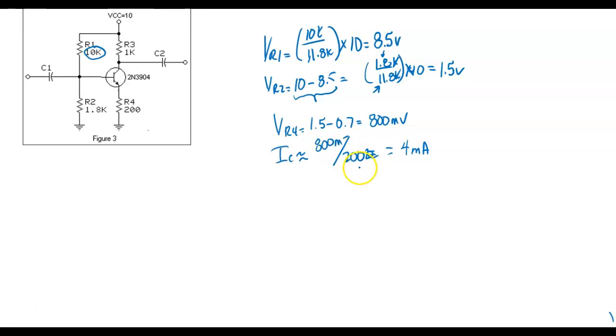Because 800 is 4 times 200. I don't know what you mean. Yeah, so if you take 800 milli and then you divide that by 200, you should come up with 0.004.